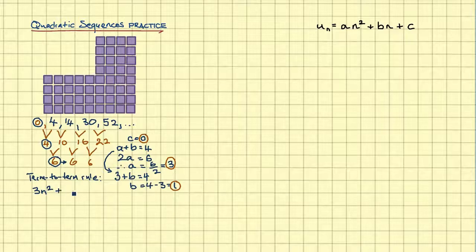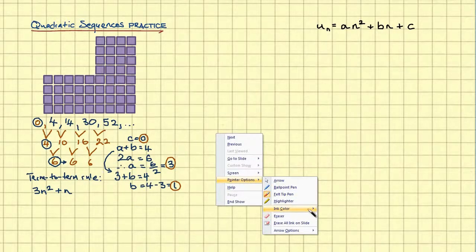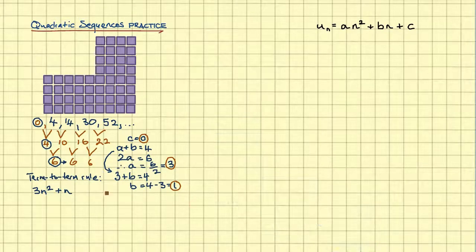So a is 3, so 3n squared. b is 1, so plus 1n, so just n, and c is 0. So we could write plus 0, but we don't need to, because 0 of course is nothing, so we just leave that off. So our term to term rule is 3n squared plus n.